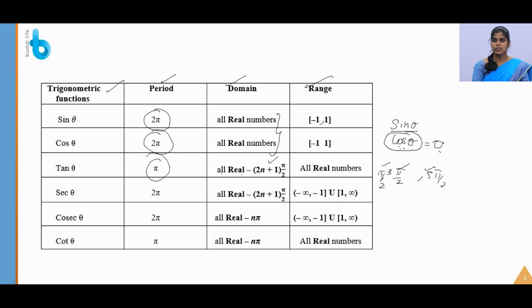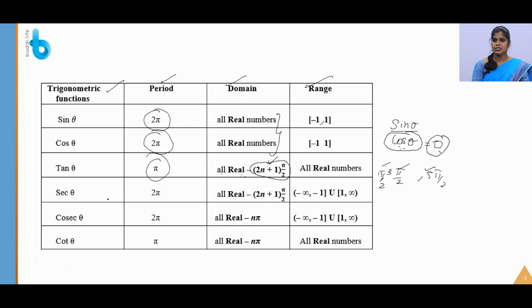So we don't want the cos value to become 0 here. Only at these values does your cos become 0, so we are neglecting these values alone while taking the domain. So we can take all the real numbers except (2n plus 1) pi by 2. And the range is all the real numbers.